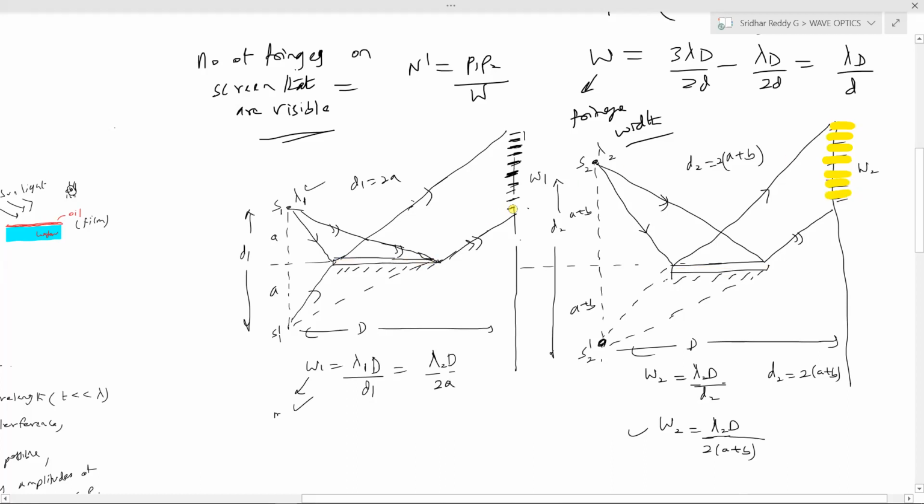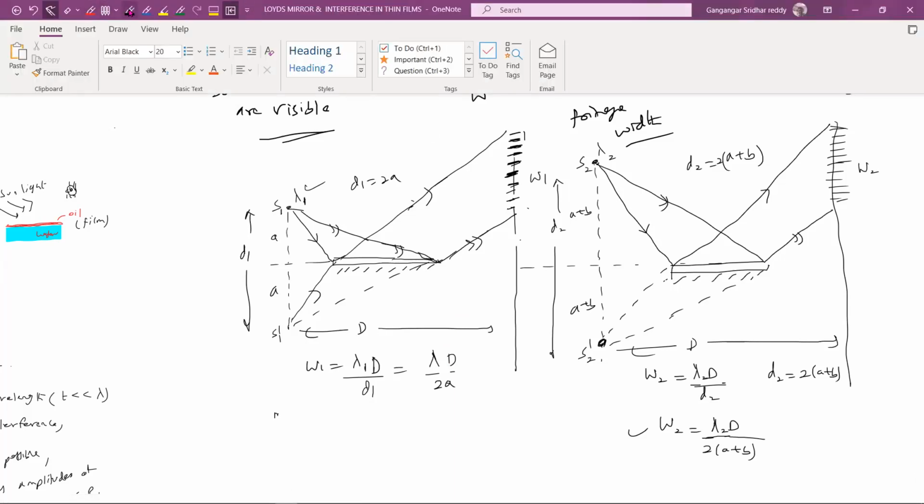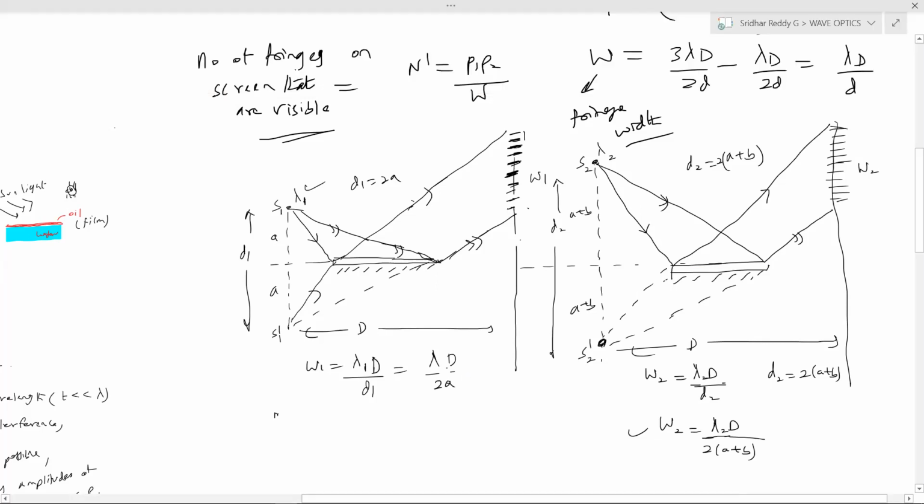With the help of the traveling microscope, I'll determine the fringe width. Once I get the fringe width, I'll substitute W1 in this particular formula, and this will give lambda 1. Okay, fine.